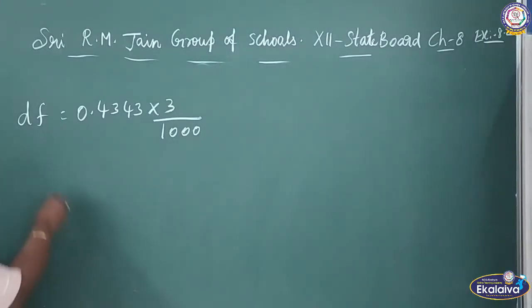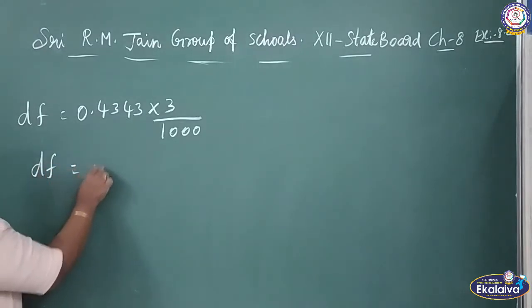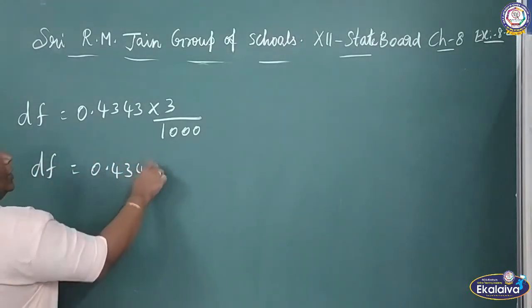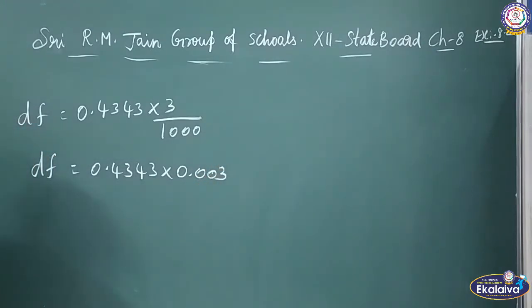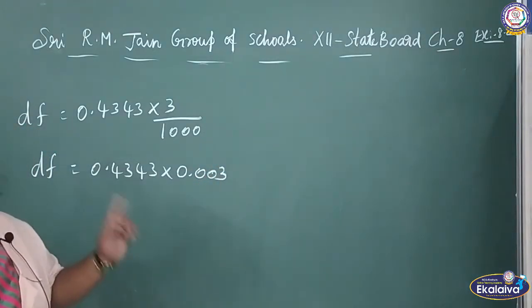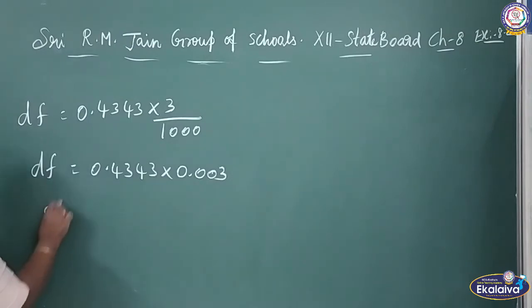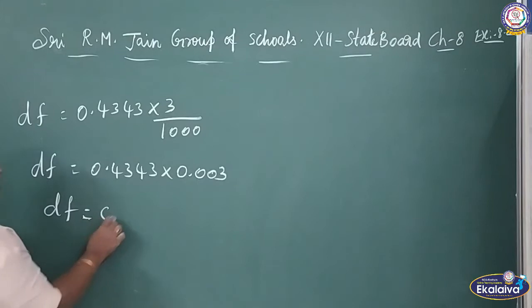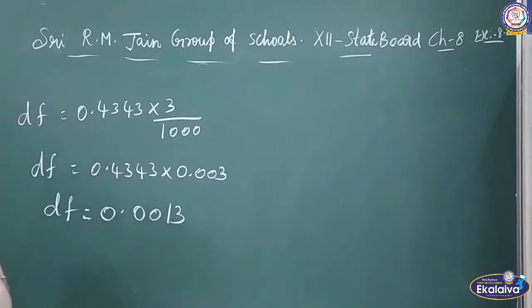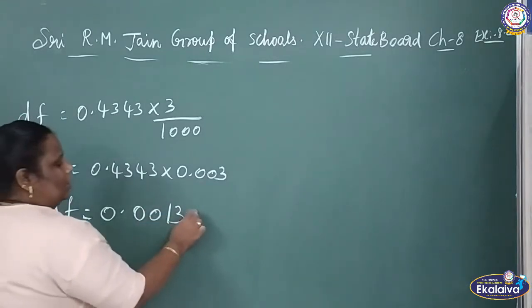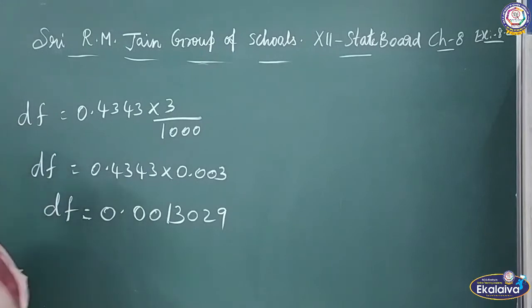See here, df equal to 0.4343 into 0.003. You multiply and check the answer. df equal to 0.0013001329. You will do it and check the answer.